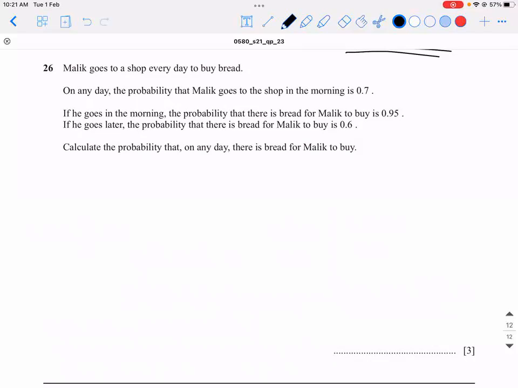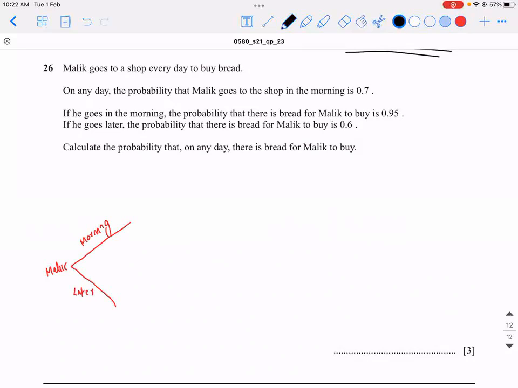Well, to do this question, I advise you to draw a probability tree diagram. Though it is not mentioned in the question, make it a practice. For doing probability questions, try to draw a tree diagram. So Malik can go for buying bread either in the morning or later.